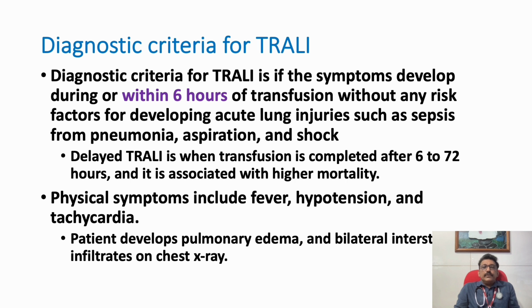The symptoms of TRALI are mainly like ARDS. The patient can have a high degree fever, hypotension, tachycardia, pulmonary edema-like features, and bilateral chest infiltrates. Chest X-ray shows diffuse, extensive bilateral non-homogeneous shadows.